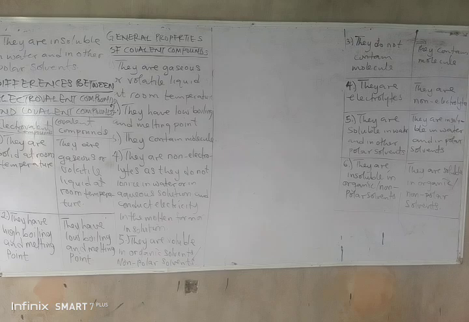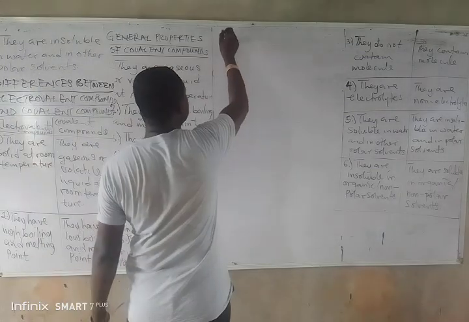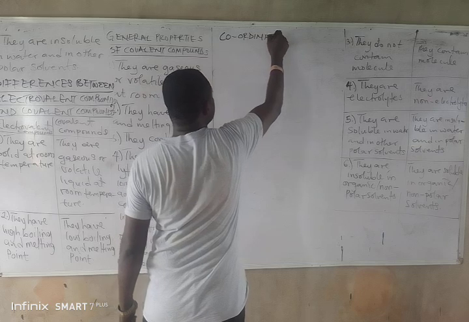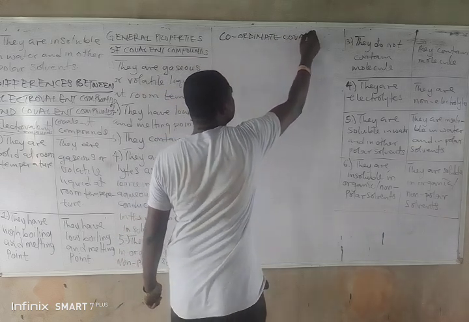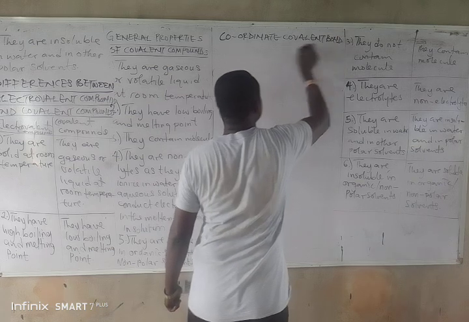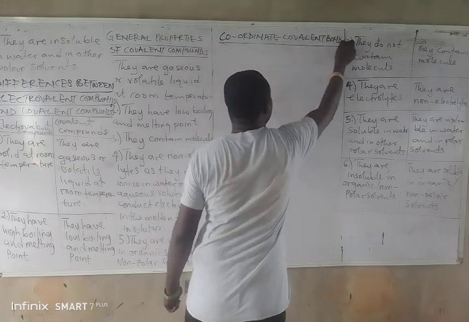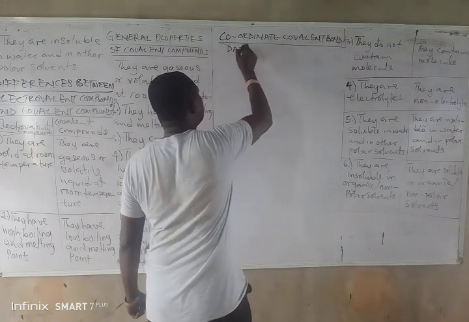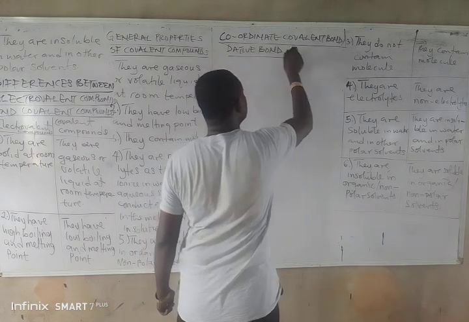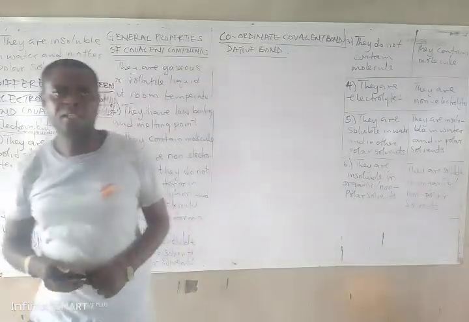Now, let's go to dative bond, or coordinate covalent bond. We will look at this in the next video.